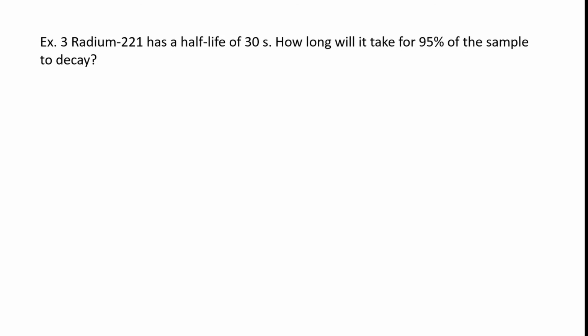Radium-221 has a half-life of 30 seconds. How long will it take for 95% of the sample to decay? This is a radioactive decay problem, so let's use a radioactive decay model. That would be M of T equals M naught, which is the initial amount, E raised to the power of negative RT.